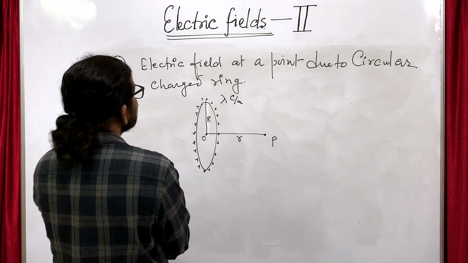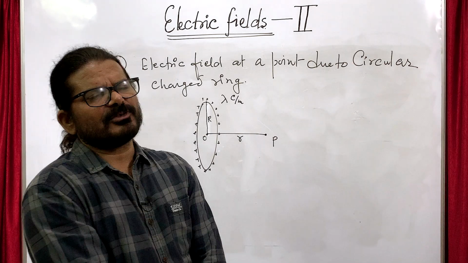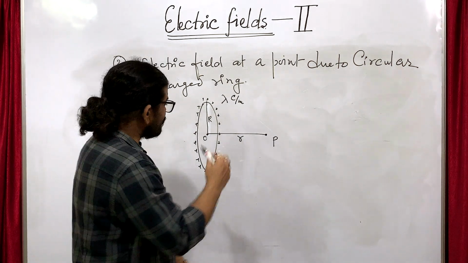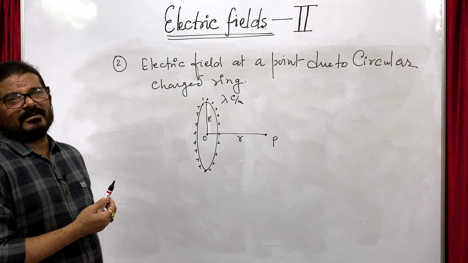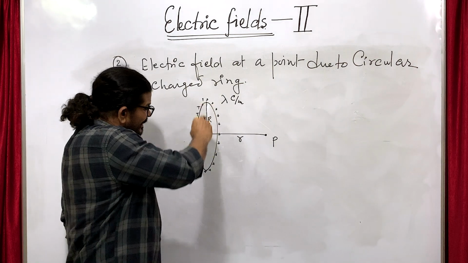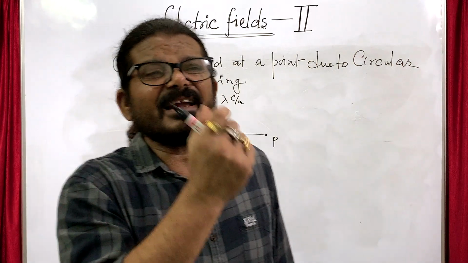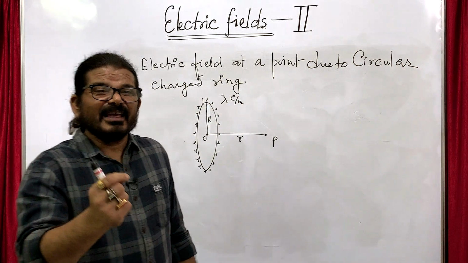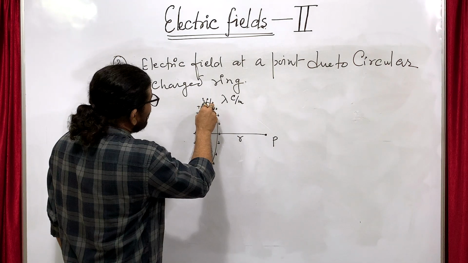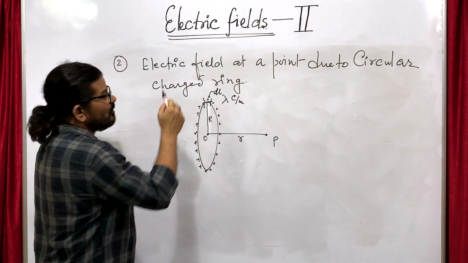Now see, the tool is Coulomb's law. Coulomb's law is valid for a point charge. So here also we will apply the same concept. Here we will assume that this whole ring is made of a large number of infinitesimally small charge elements. And you take one of the elements of length dl at this point.